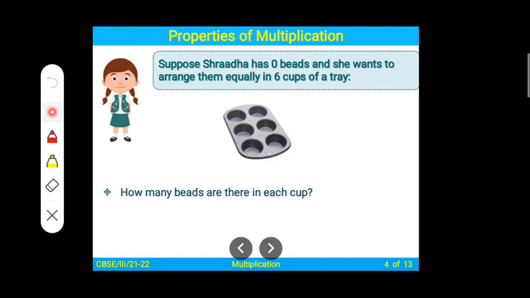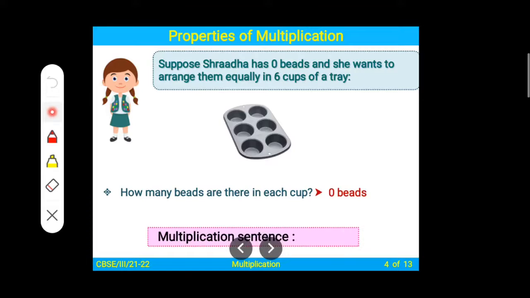There are no beads, meaning 0 beads in each cup. So what will be the multiplication sentence? There are 6 cups, but there are no beads, meaning 0 beads. So 0 multiplied by 6 equals 0.